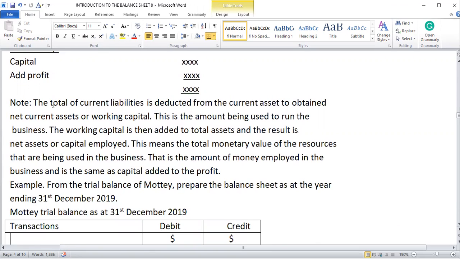Now note, the total of current liabilities is deducted from the current assets to obtain the net current assets or working capital. As I said, total current assets, then you deduct total current liabilities, then you get what? The working capital.